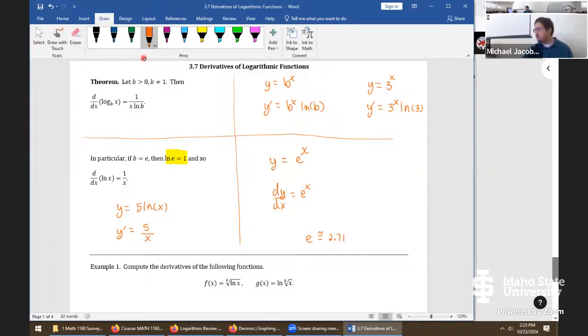So for a really fast example, if y equals, say, log base 8 of x, then its derivative, y prime, is 1 over x natural log 8.